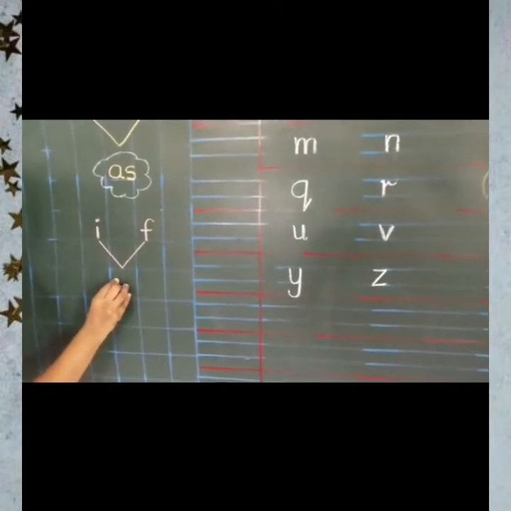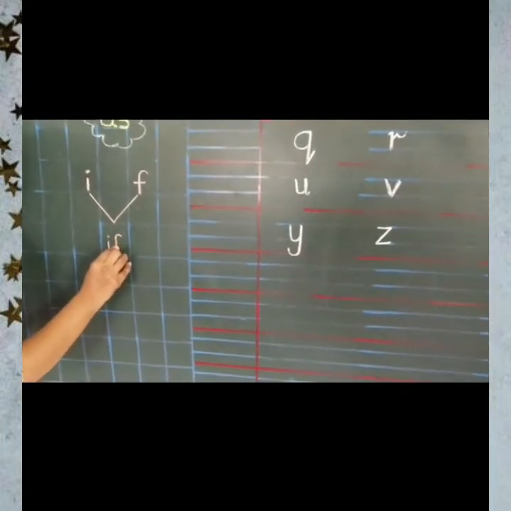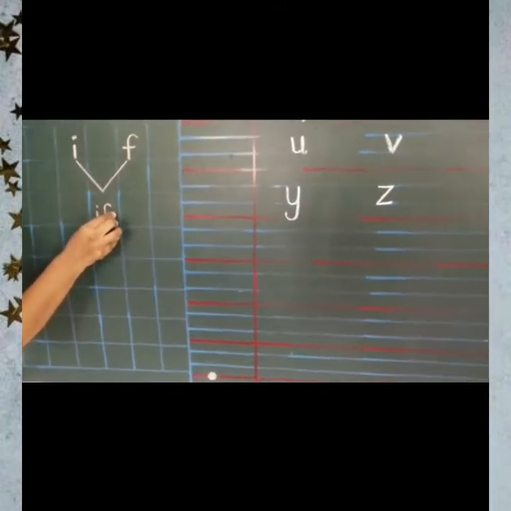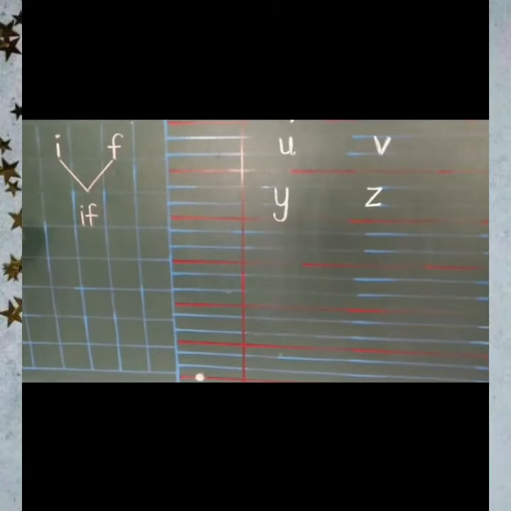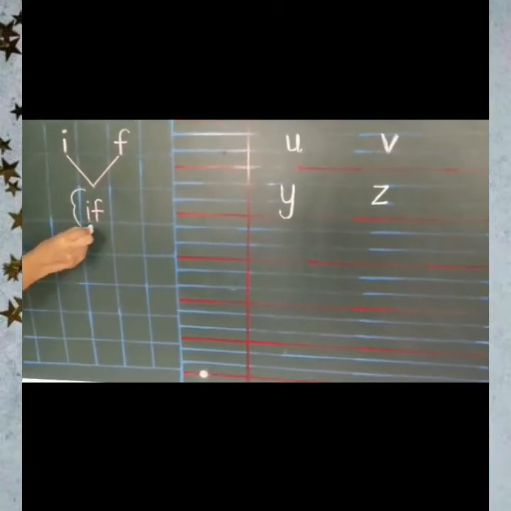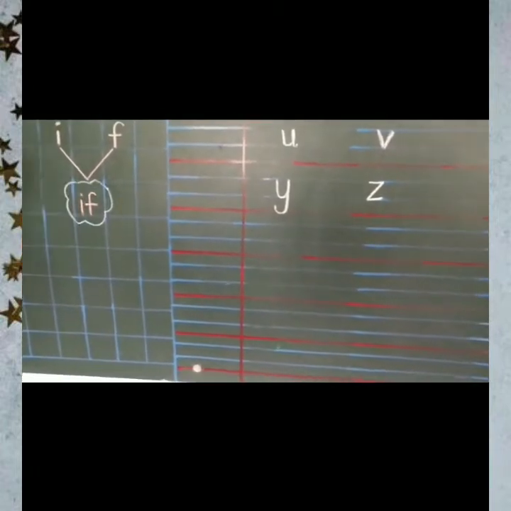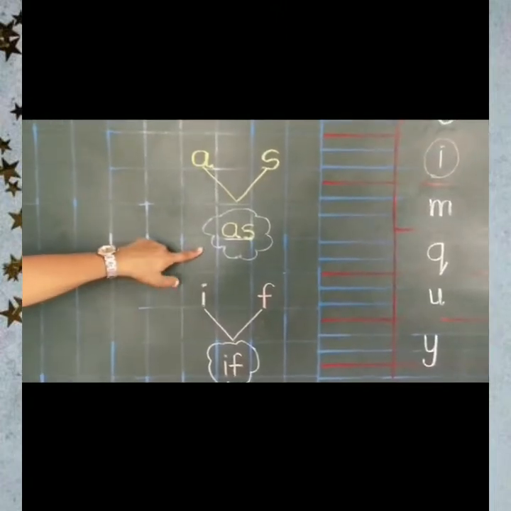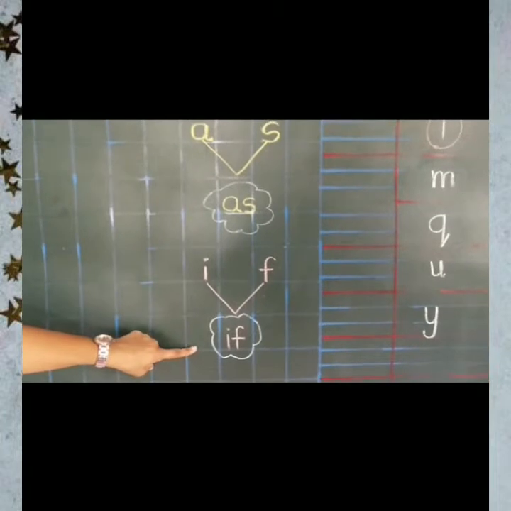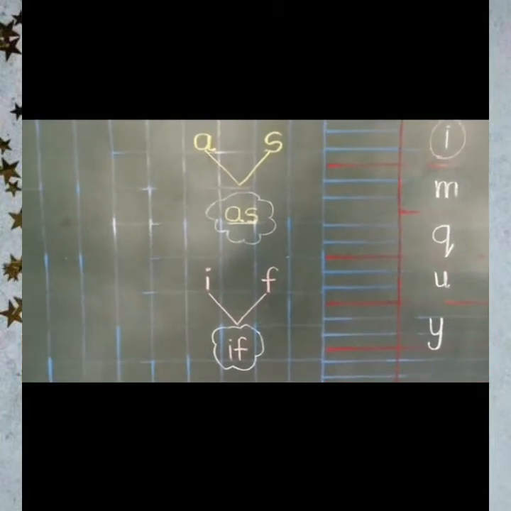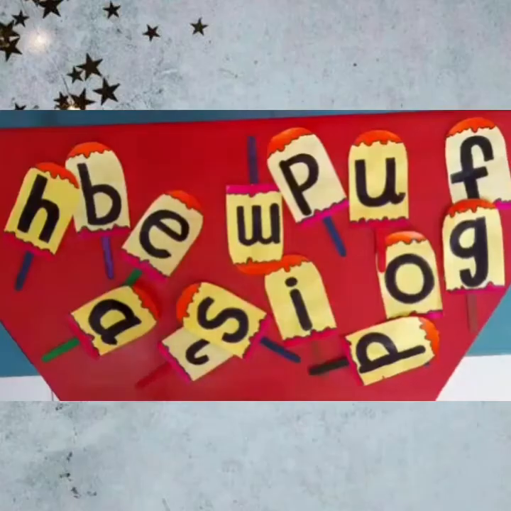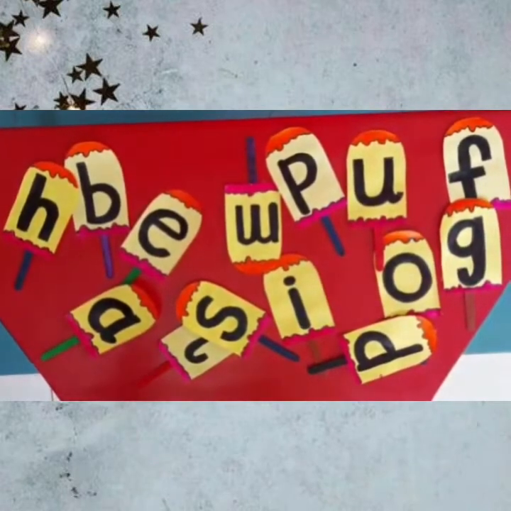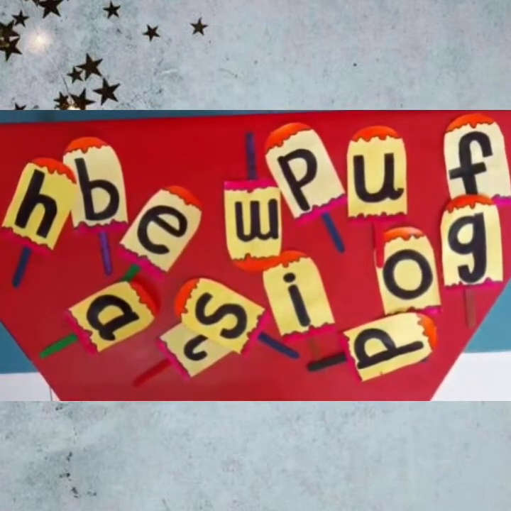I, F, if. Which word we form? I, F, if. So, A, S, S and I, F, if are two-letter words. Let's make some more two-letter words with nice activity.